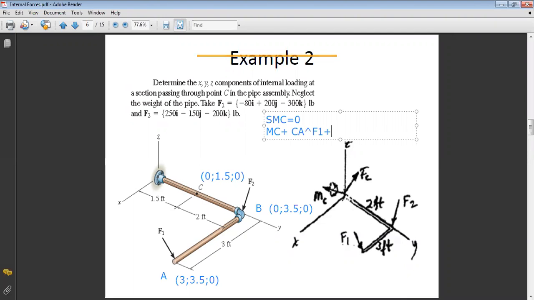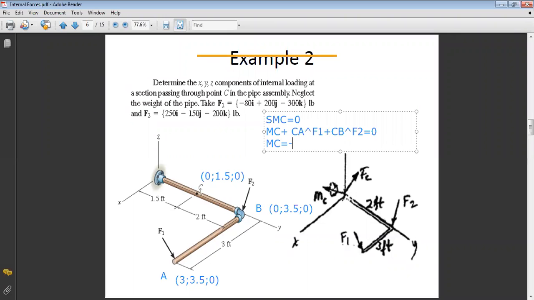And plus the moment of F2 about C, so plus CB vectorial F2, equals 0. Now I will replace my forces and the position vectors by their expression. So I can say that MC is equal to minus CA vectorial F1.